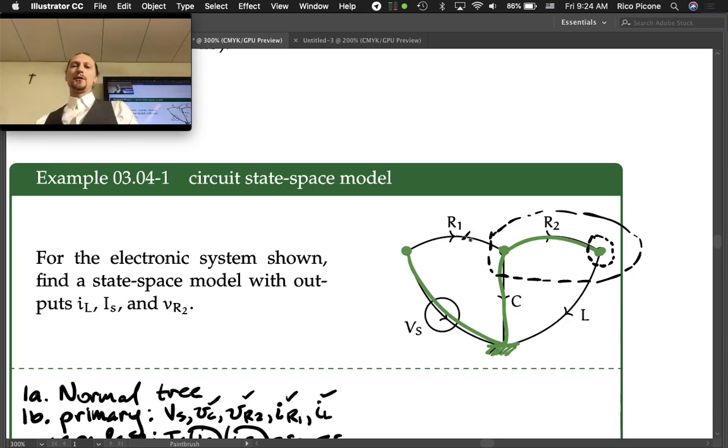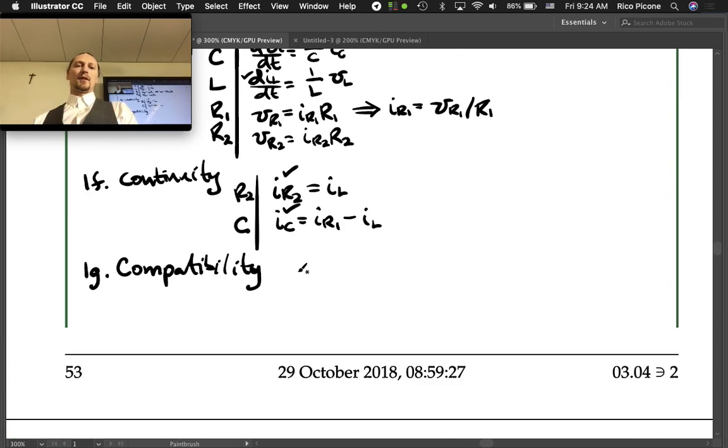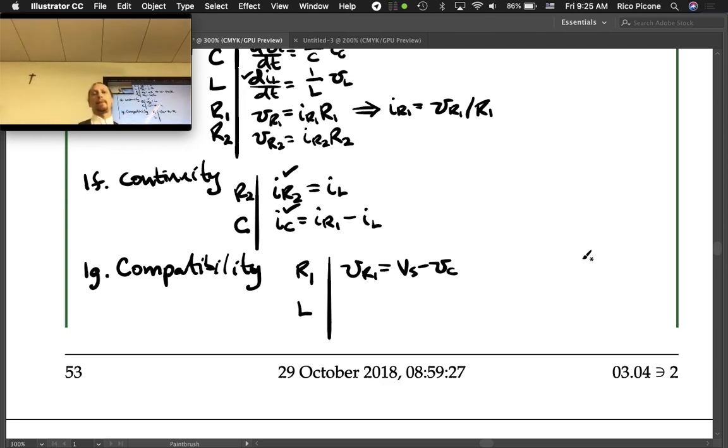And so we've got two links here, R1 and L. So if we put R1 in, then we would see that VR1, thinking like a vector here, has to be equal to VS minus VC. Okay? So VR1 has to be equal to VS minus VC.